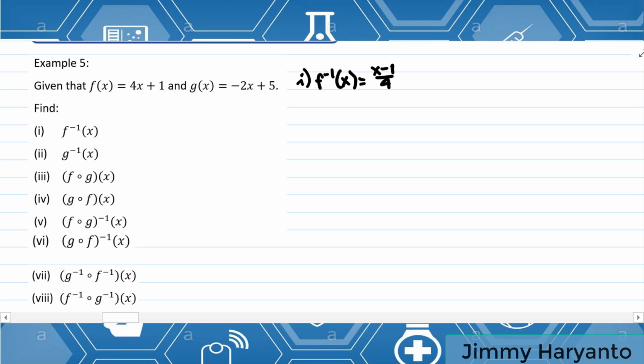Next is g inverse. The second one, g inverse, you can do using the same steps. I will try to do this in my head. Okay, so the g inverse, if you calculate, it will be x minus 5 over negative 2. How about the third one? f∘g(x).